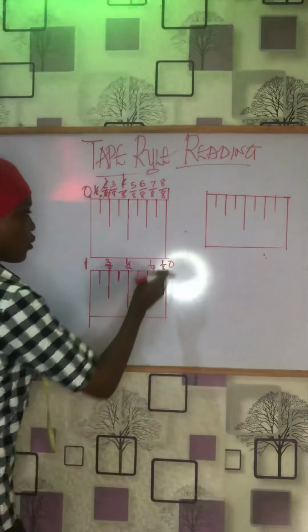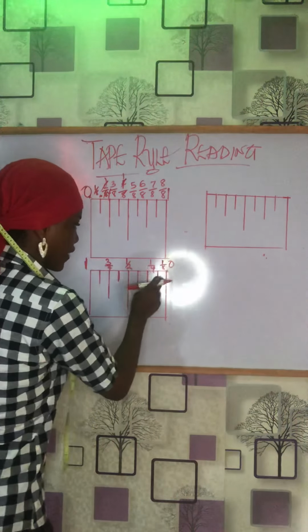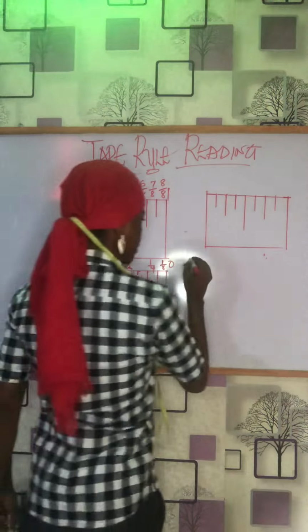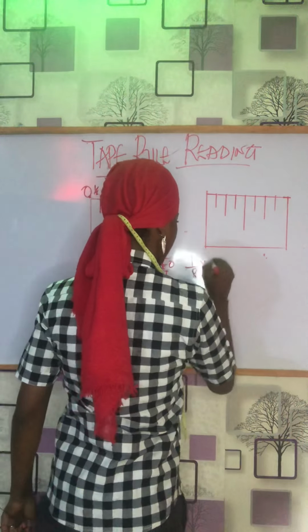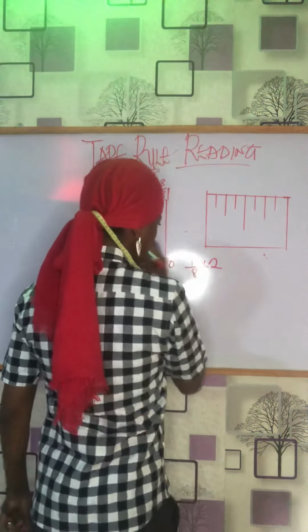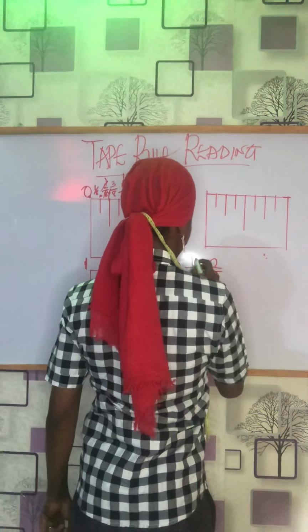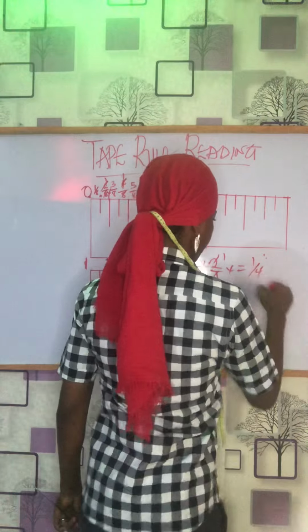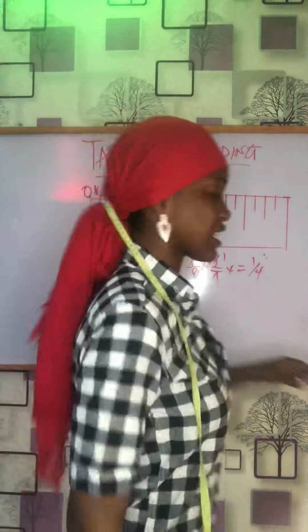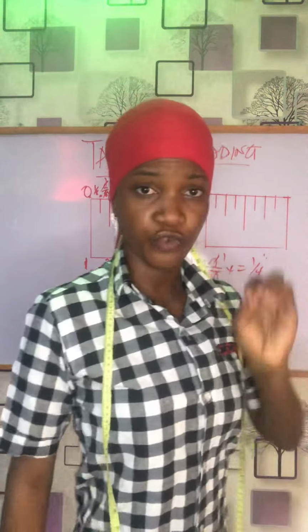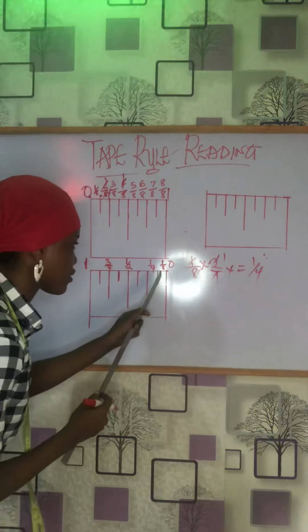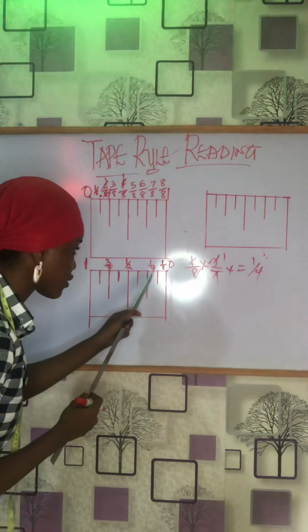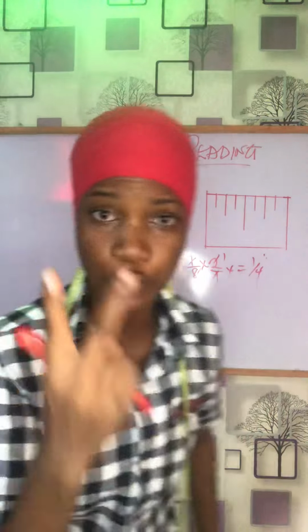Good. Now, since this is 1/8 and this is 1/8, that is 1/8 multiplied by 2. 2 here 1, 2 here 4. 1/4. That is 1/8 multiplied by 2 will give me 1/4, because from this point to this point is 1/8, from this point to this point is another 1/8, so I have 2 1/8.